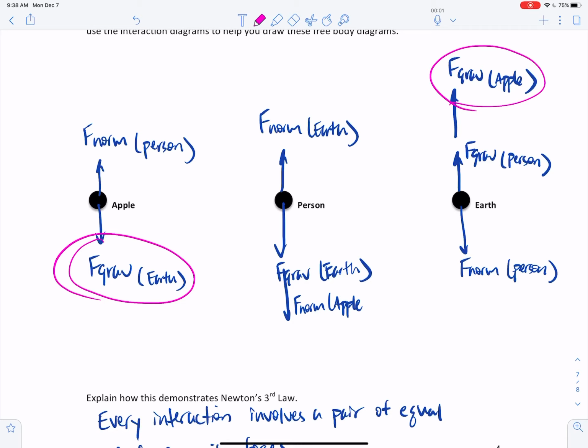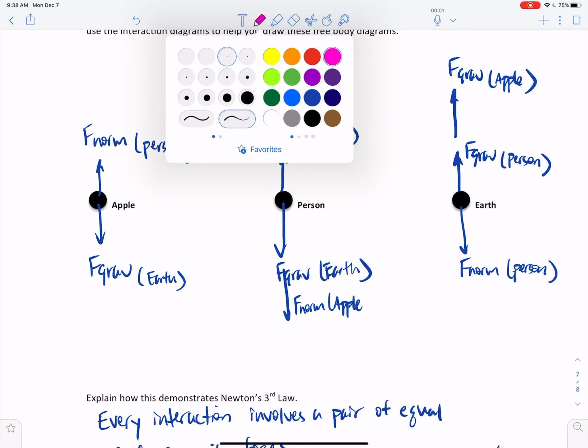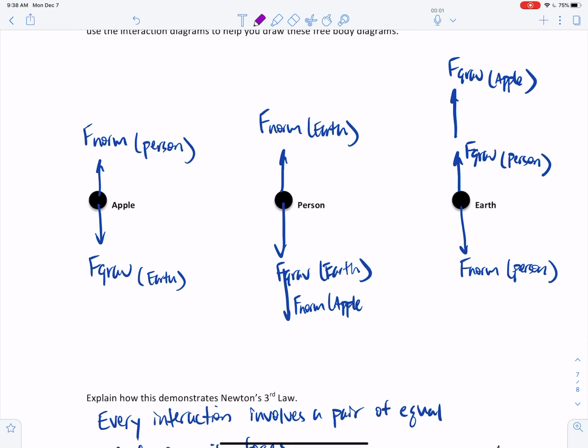Let's identify another pair. What if we were looking at this one? The normal force on the person from the earth. Where's that pair? It would be the normal force on the earth from the person, right here. So those are equal and opposite pairs. All right, we've got one more.